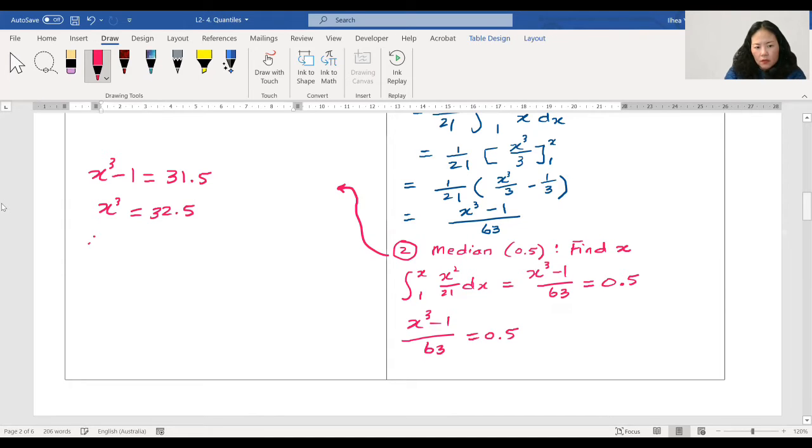I'm just going to put that in the calculator for you. Therefore, x equals 3.2. So the median is 3.2.